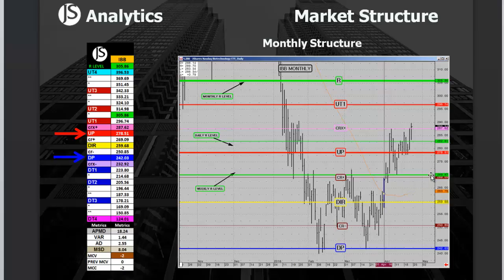Also interesting to note how the weekly is in confluence right now with the CR plus. We're going to look at price action within this market structure to get better clarity. At the moment we have a market that is confirming this upside breakout above the CRX plus. Again, it's all about finding clarity, watching price action within the market structure.